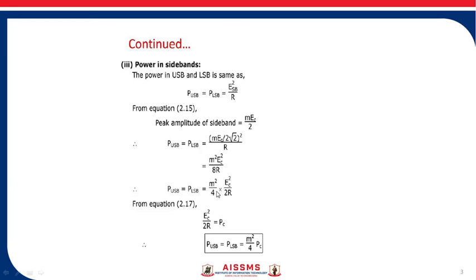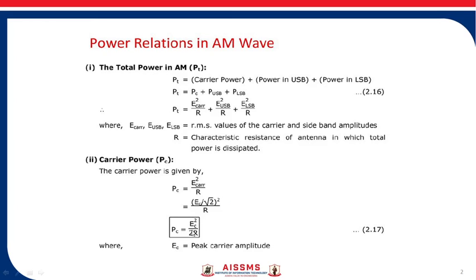Let us simplify this equation. You will get m square by 4 into EC square by 2R. If you observe, EC square by 2R is nothing but the carrier power that we have already calculated.